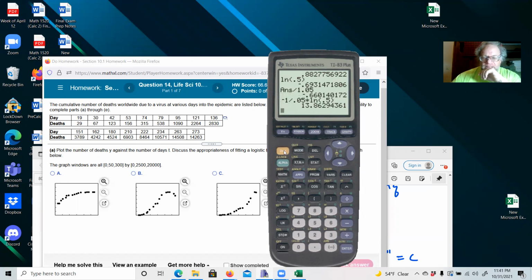So let's go ahead and give myself some lists. We're going to go to stat and edit, and we're just going to put all the days in one column and everything else in another column. Hey, what do you know? A global pandemic. Who would have thought? 74, 79, 95, 136, 151, 162, 162. 180, 210, 222, 234, 263, 273.